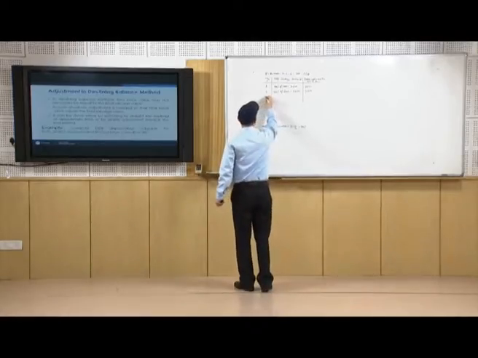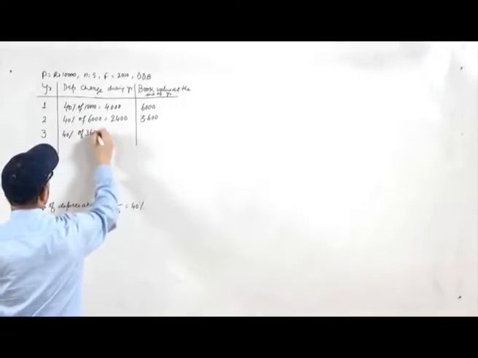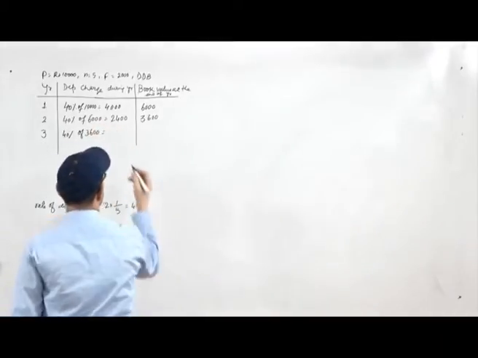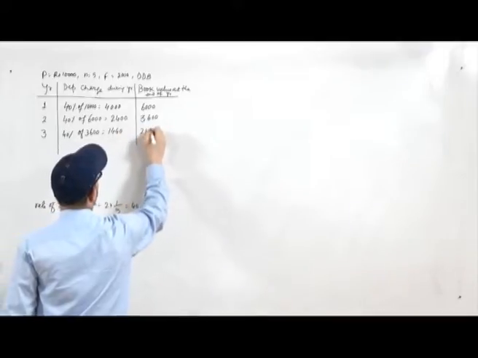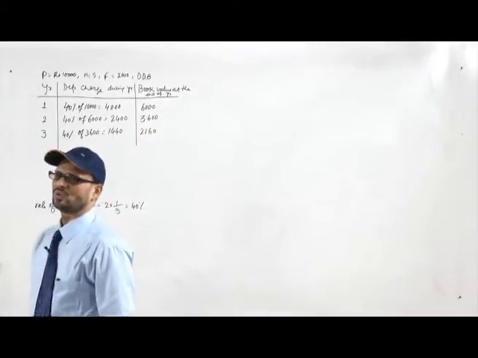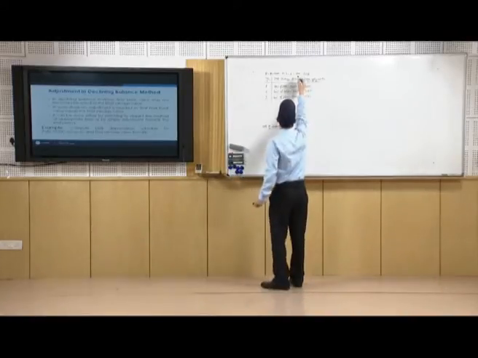In the third year you have 40% of 3,600, that is 1,440 and this comes out to be 2,160. Now, it is given that your salvage value has to be 2000.